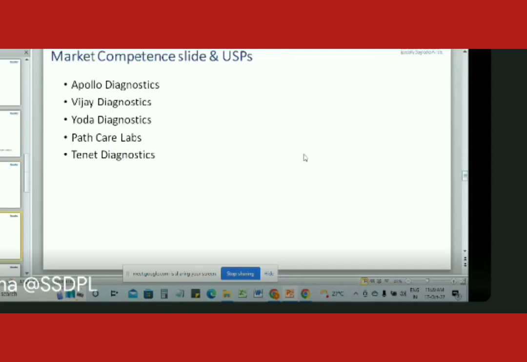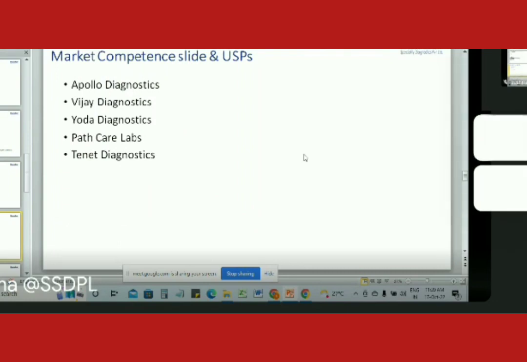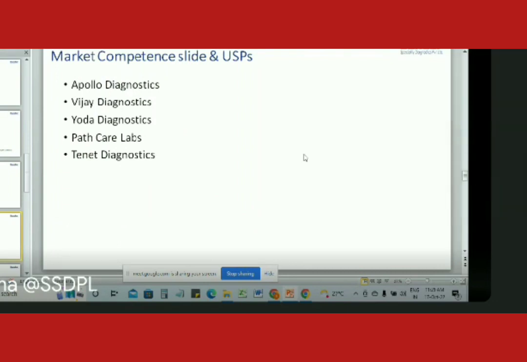In the market, you guys are aware, rather you are the best people to tell me who else is in the market. Lupin. So what are the softwares used over there?